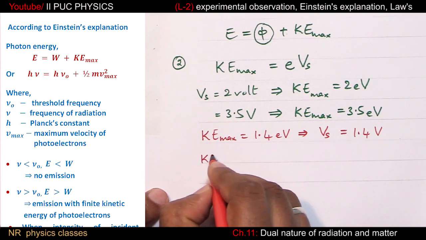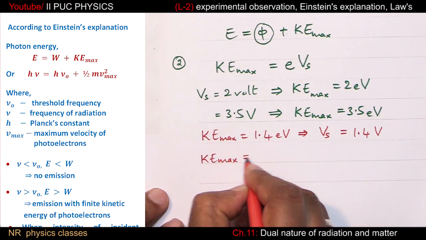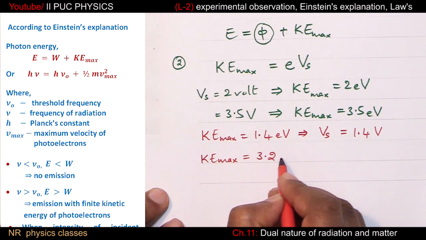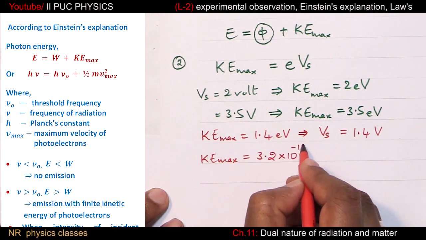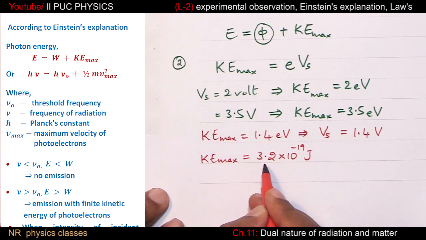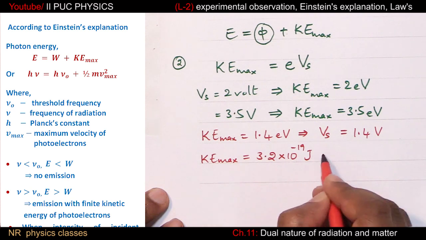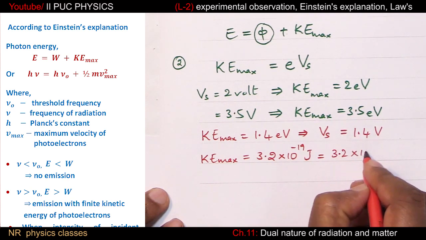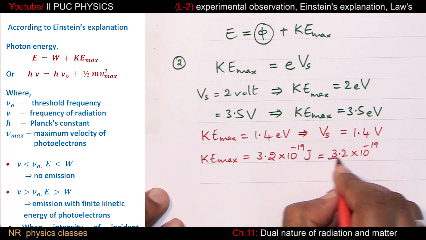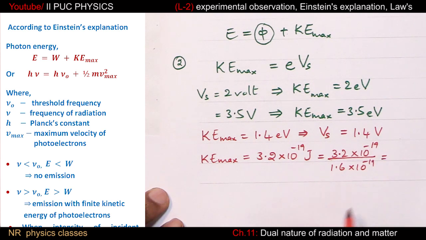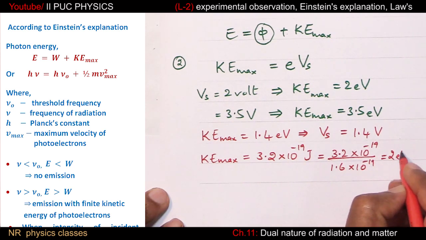If maximum kinetic energy of photoelectrons is 3.2 into 10 to the power of minus 19 joule, students observe, express this kinetic energy in terms of eV. How to express? Divide the energy in joule by the magnitude of charge of electron. 3.2 by 1.6 is 2 eV.